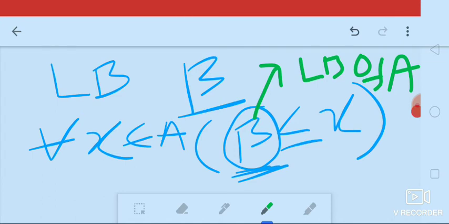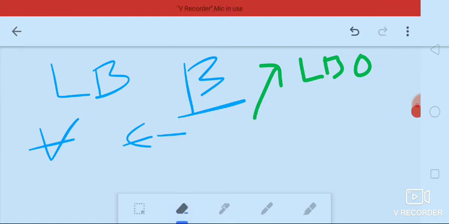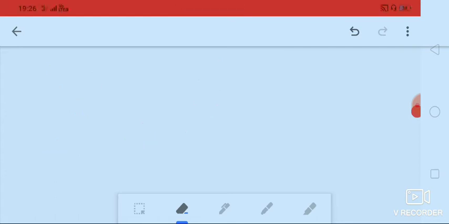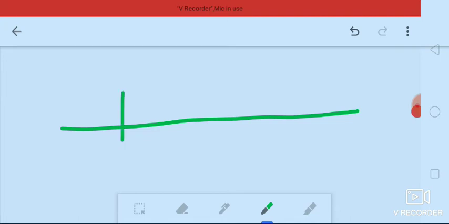Every element of A, suppose I take x. If this x is greater than or equal to beta, so beta is less than or equal to x. Graphically, suppose I am taking a horizontal line, so here is beta.